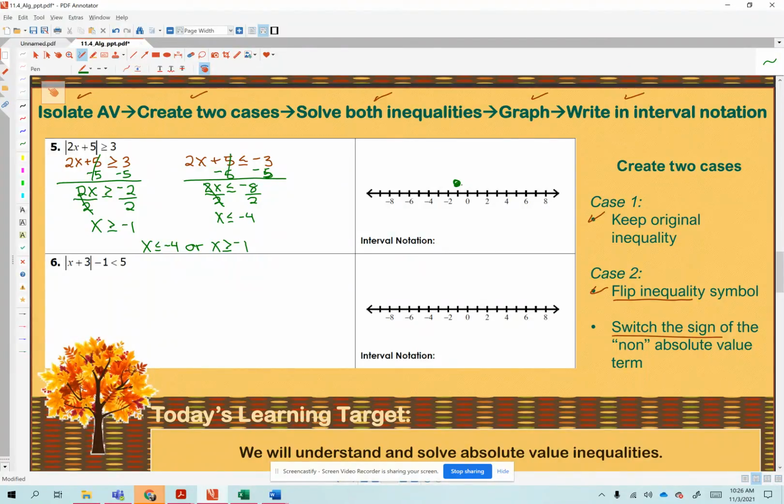So here's our negative 1, greater than or equal to, here's our negative 4, less than or equal to, and our interval notation starts with negative infinity, comma, negative 4, bracket, because we have a closed circle, and again bracket for the closed circle, and we have negative 1, comma, and then positive infinity, parenthesis. So here's our final answer.